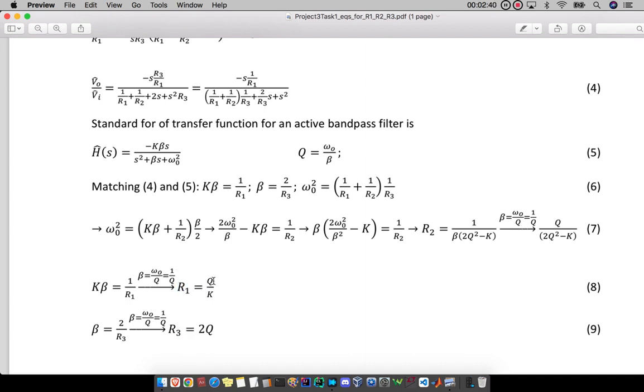So for R1, our Q over K, we're given our numerical value for Q, numerical value for K, and so on. So this is for R1 and R3. Let's see, R2. Oh yeah, R2. Well, that's a tricky one. So again, pause the tape, go through this slowly, and so on.